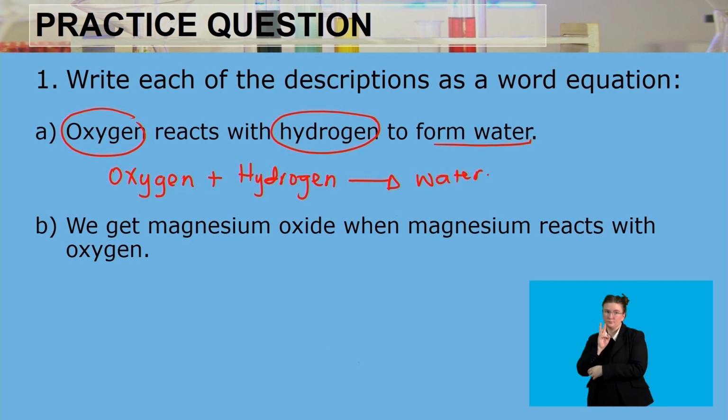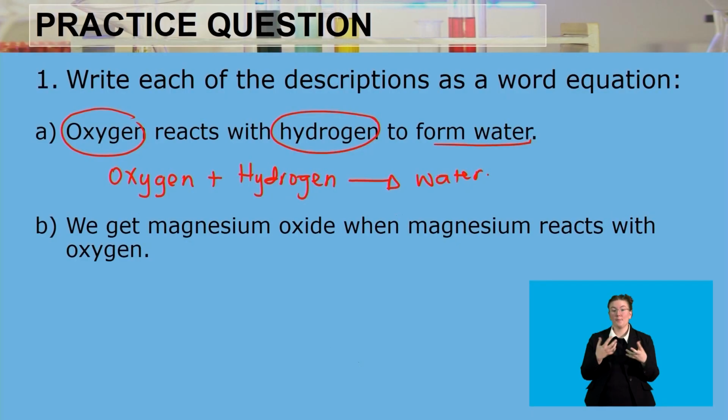So the two substances, oxygen and hydrogen, are written on the left-hand side of the arrow, and the product, because it is water in this case, is going to be written on the right-hand side of the arrow. So all the products are always written on the right-hand side, and all the reactants are always written on the left-hand side of the arrow.